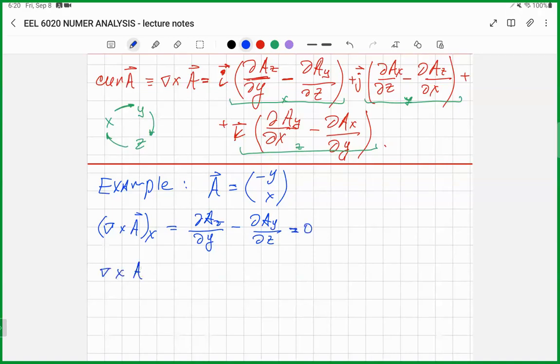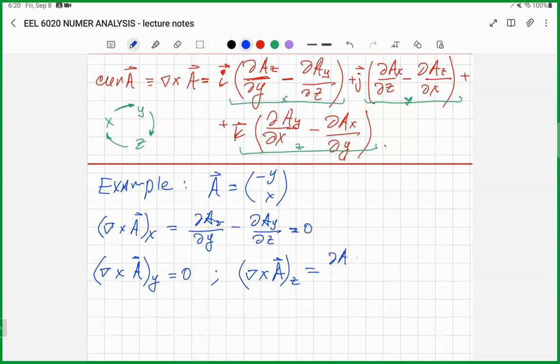Likewise, for the y component, I get dAx/dz is equal to 0, and dAz/dx is also equal to 0, so it also vanishes. And lastly, for the z component, I get dAy/dx.